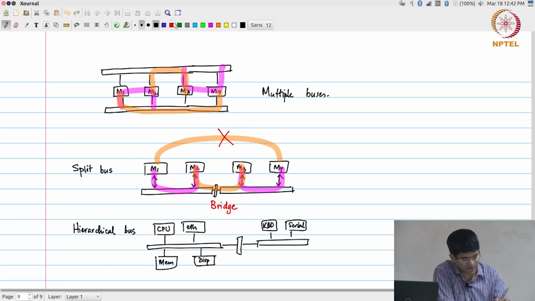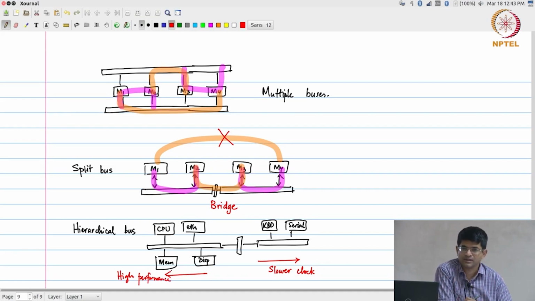You might even have a situation where I just run this at a slower clock, and this is the high performance side. And you could take this further. You could have the splitting of the buses taken to multiple levels, where I first have a split and then further split it into other peripherals.